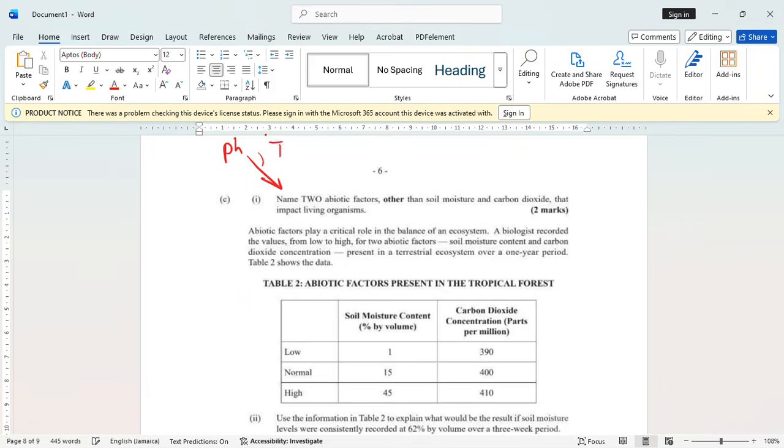Temperature, that was already listed. Yeah, moisture was listed. You're just reading them back, but remember the question.